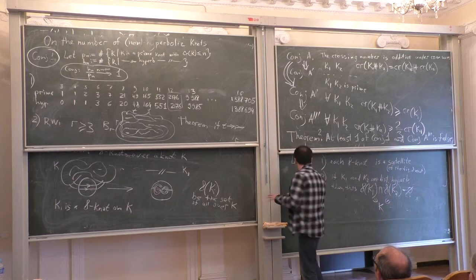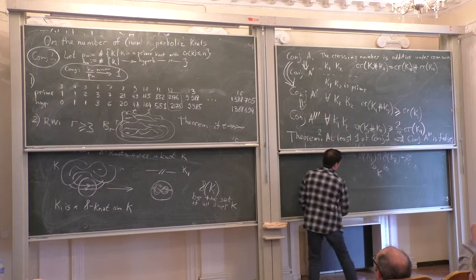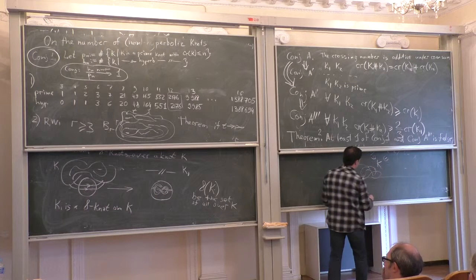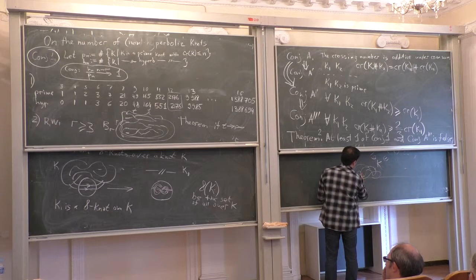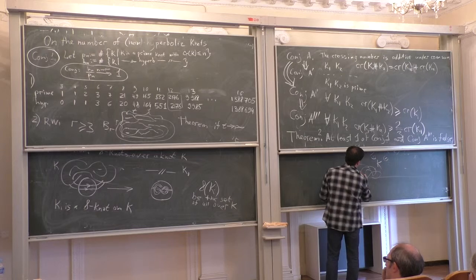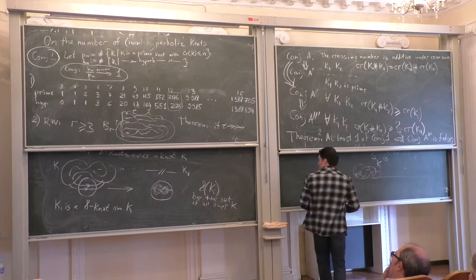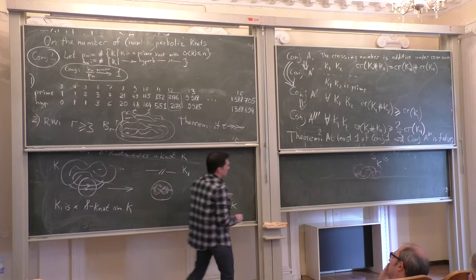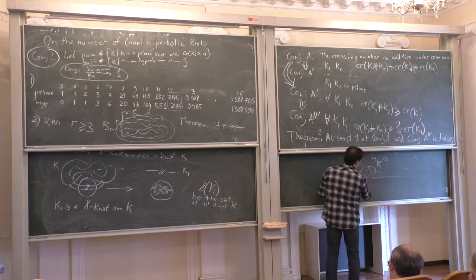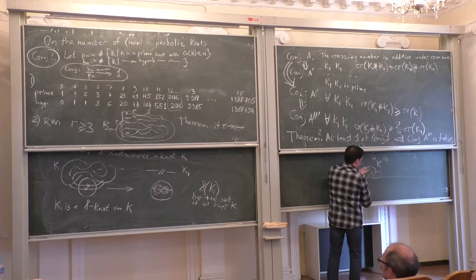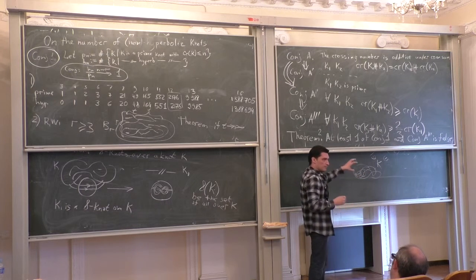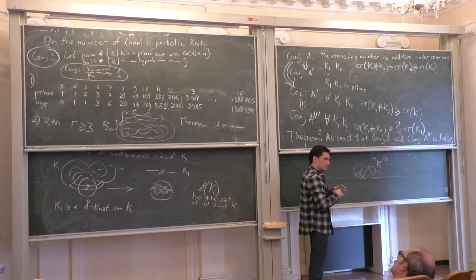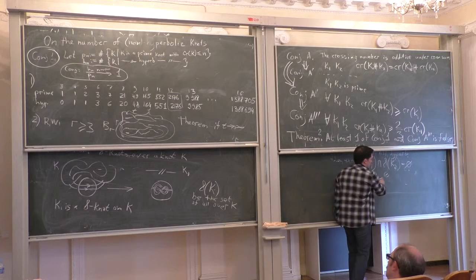Yeah? So this is the line K. Somewhere I have an incompressible torus knotted like a figure 8 knot over K1, and somewhere, maybe intersecting with this one, I have the second copy of a torus knotted as a figure 8 knot.